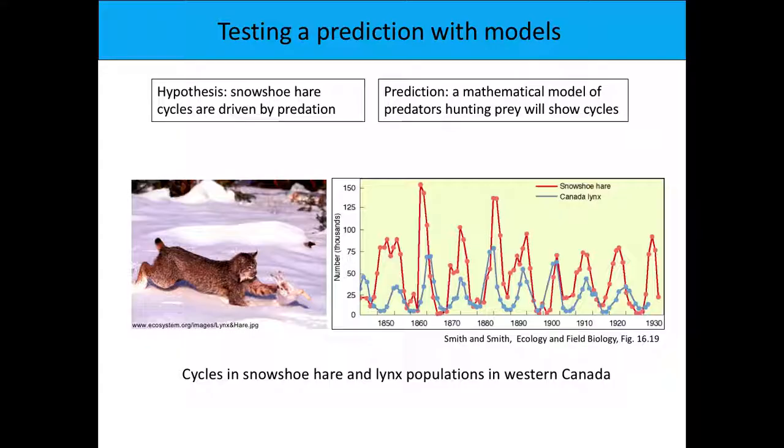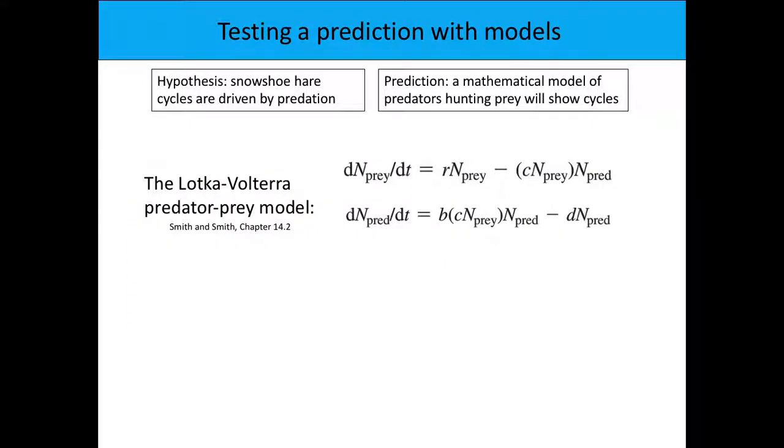We can model that mathematically in what I'm going to tell you today is the Volterra model. You don't need to understand exactly what's going on here, but essentially it's mathematically saying that the population size of lynx is determined by the population growth rate of lynx and the number of hares.